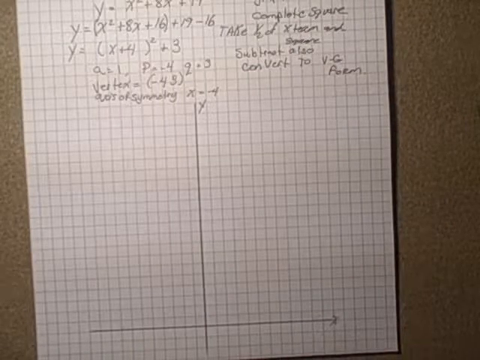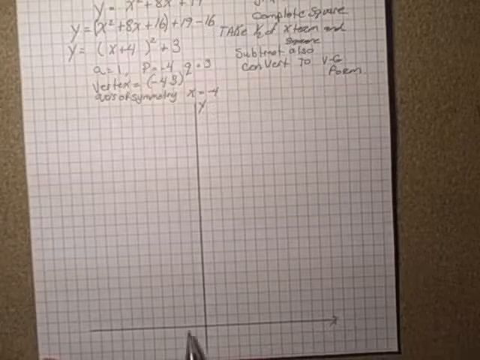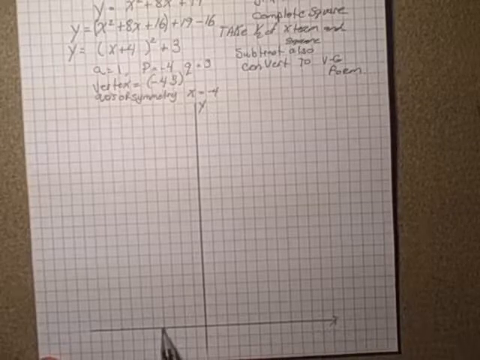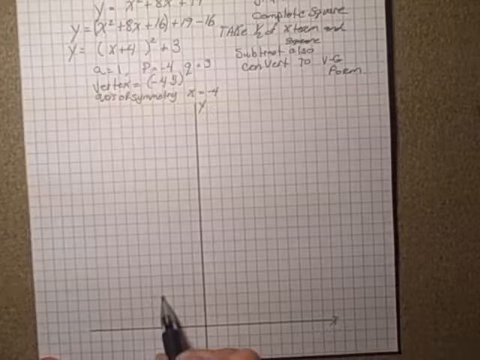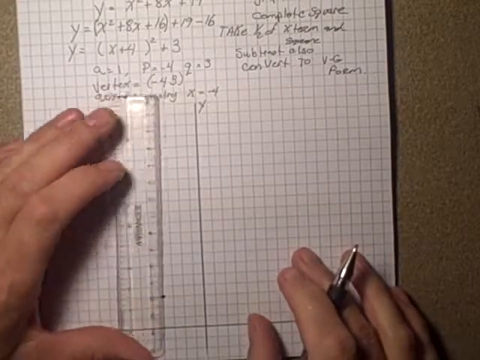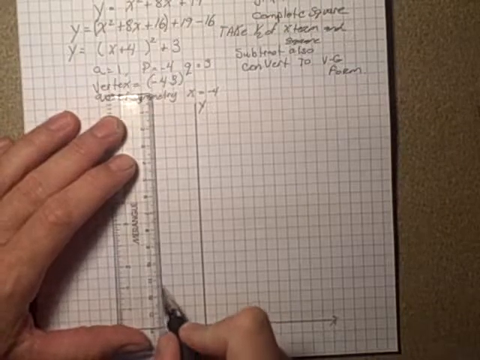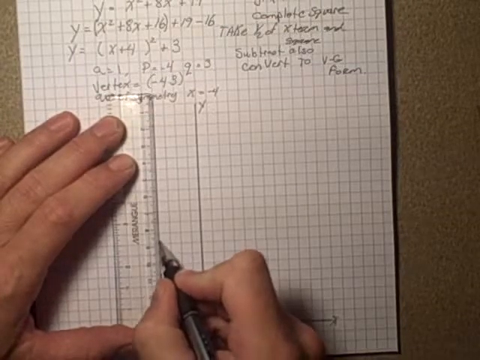So what we do here is we put the vertex point down. Vertex we know is negative 4 and 3. There's our vertex point. Our axis of symmetry is x equals negative 4, so that would be this. I'm going to put a dotted line for that.